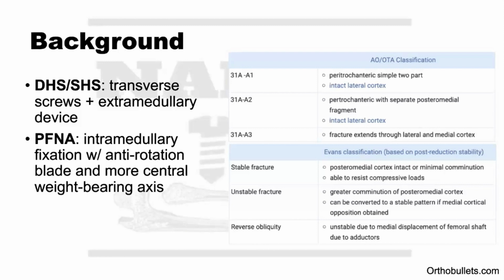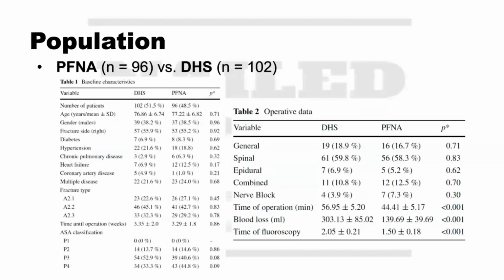So just diving into the population, they conducted a randomized trial of the short cephalomedullary nail versus DHS at a tertiary university with community ambulators 65 years of age or older who had a 31A2 type intertrochanteric fracture.